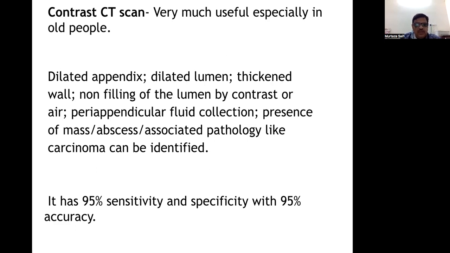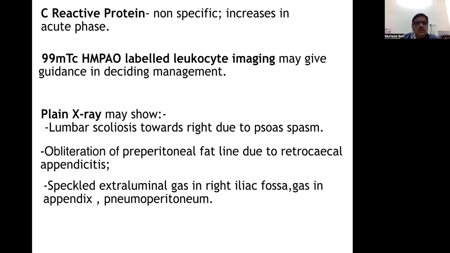It has 95% sensitivity and specificity with 95% accuracy, so it is very important, especially in the elderly patient. So contrast CT scan should be done when in doubt. C-reactive protein shows a non-specific increase in the acute phase. Technetium-99m HMPAO labeled leukocyte imaging may guide management decisions.